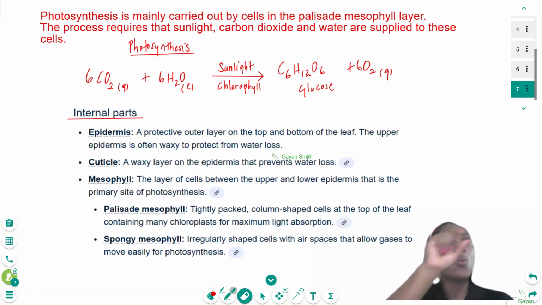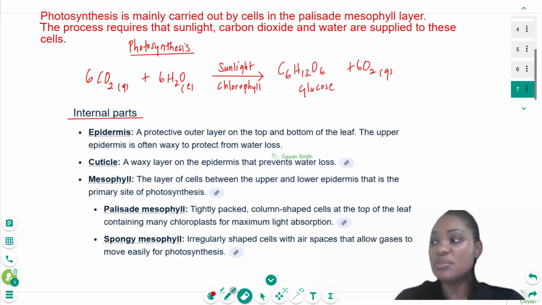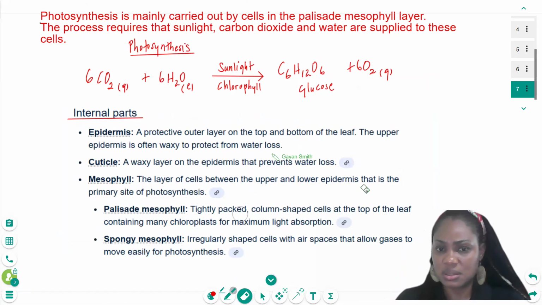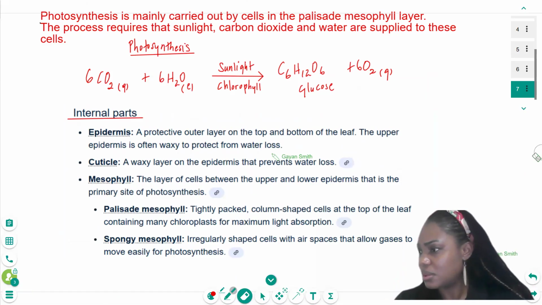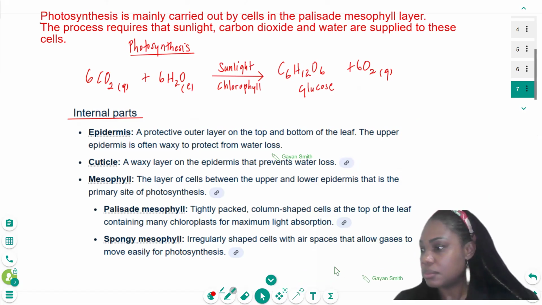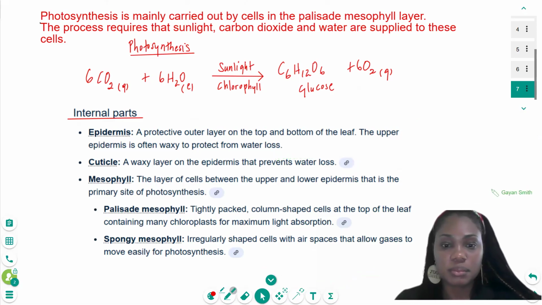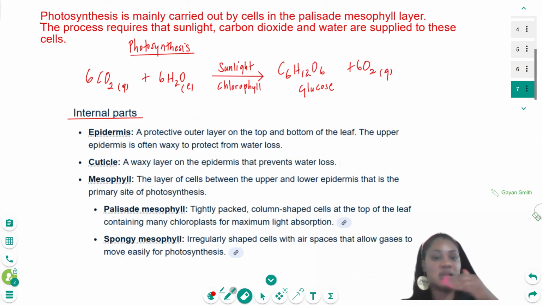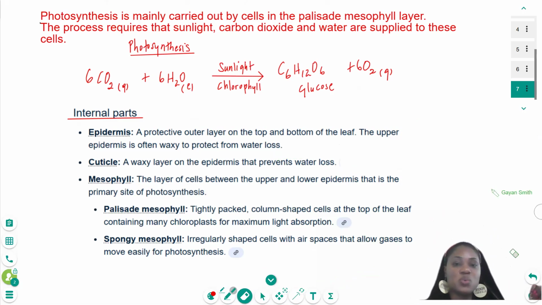The upper epidermis had a waxy layer on it to prevent water loss. The cuticle was the layer on top of the epidermis to prevent water loss.